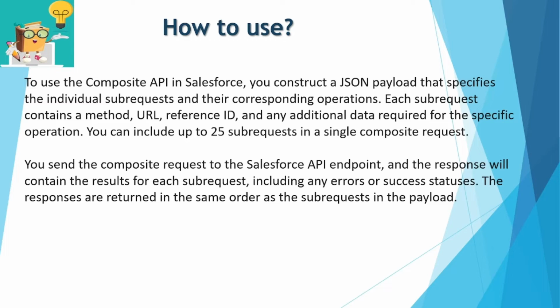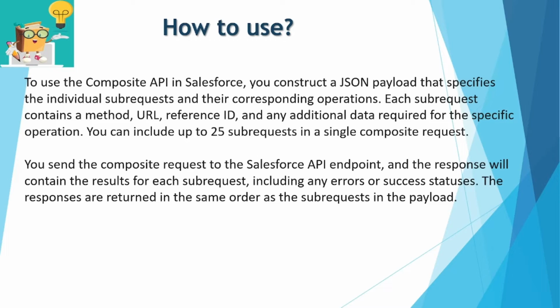Let's say your composite API callout has two callouts internally, creation of account and creation of contact. Then the response will also have two sub responses: the response of account creation, and the response of contact creation. This is how composite API works.